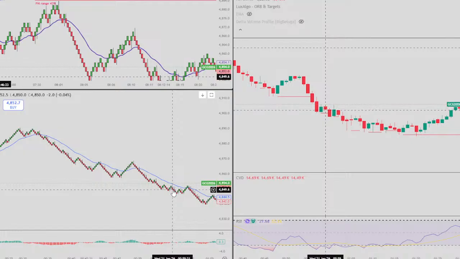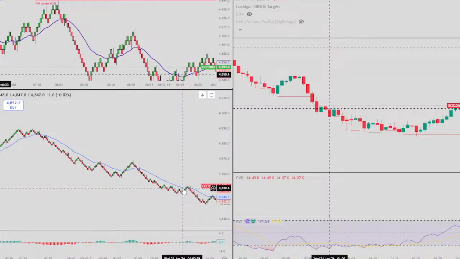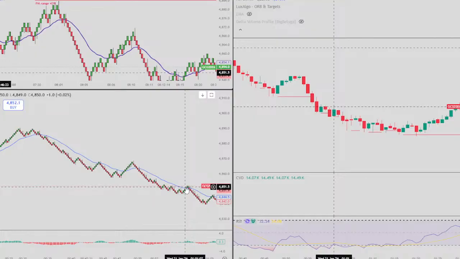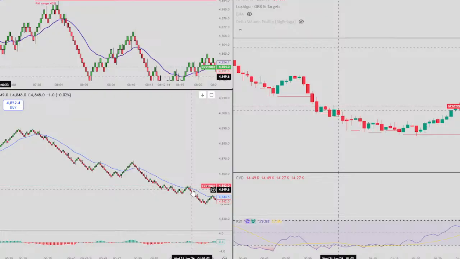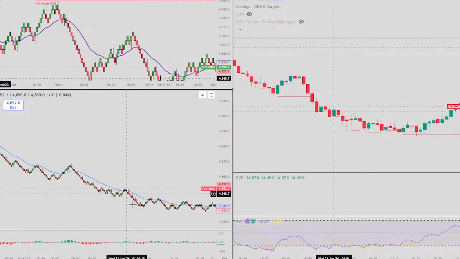And it closed here, but then it broke this again. So now we created a new low. We bought back up. We wait for this green to close, which it does. And then you want to wait for this one to close, which it closes right here. And then you want to pull back, which never happens. So there's no trades happening at this point.